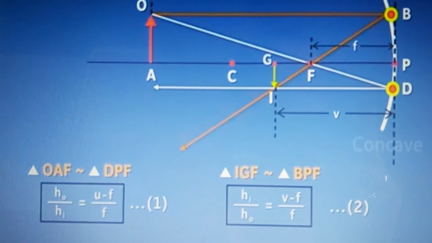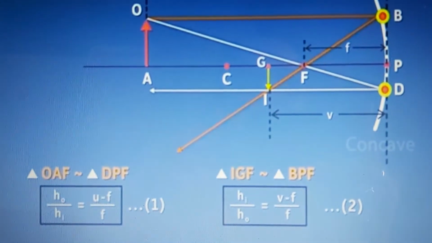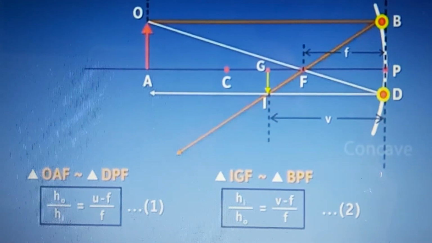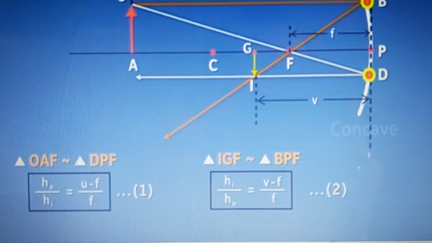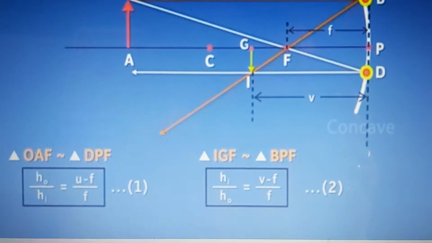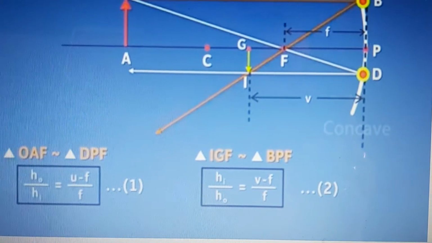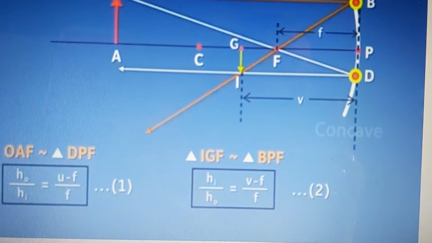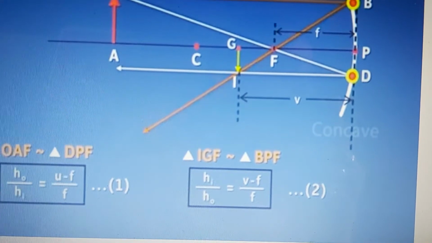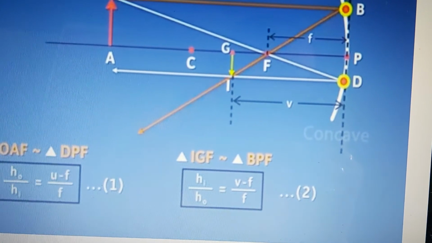BF is the focal length F. GP is equal to GF plus FP, and we know that FP is F. So what is GP? GP is the image's distance from the mirror, V. Therefore GF is V minus F.